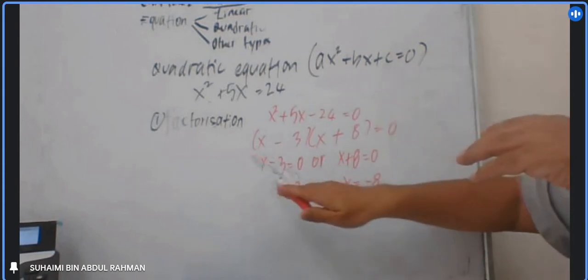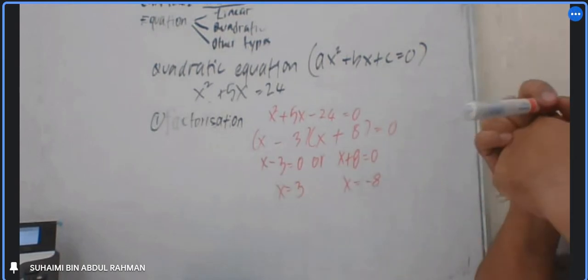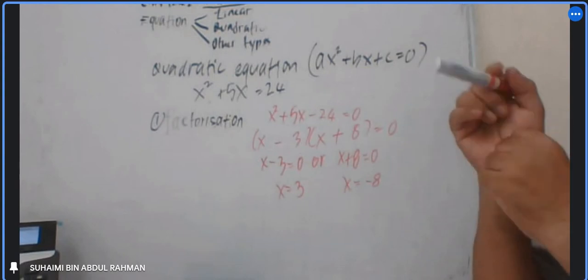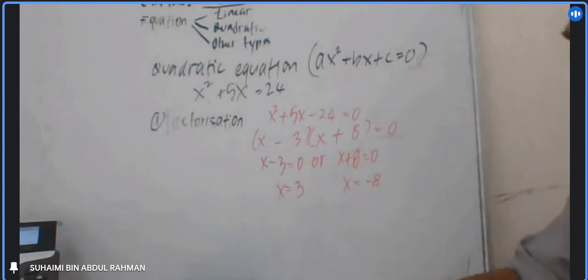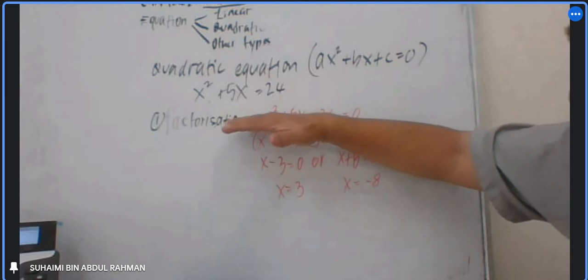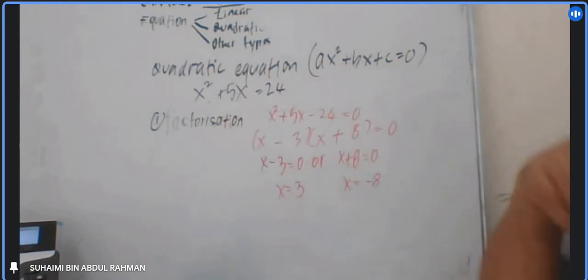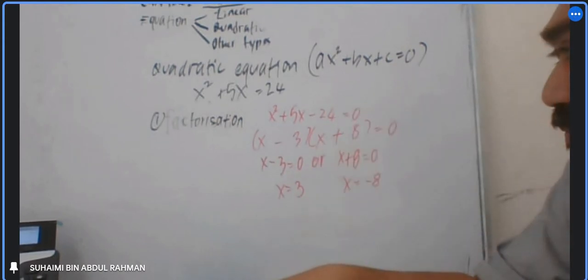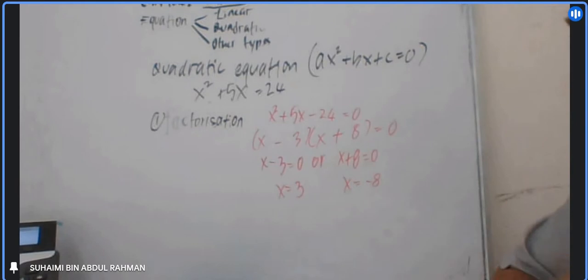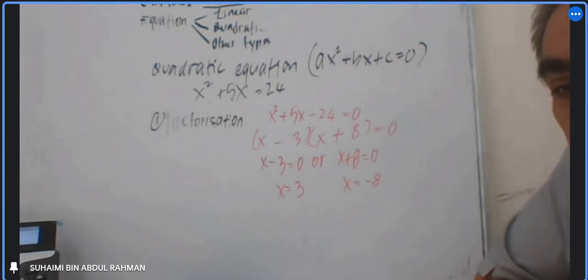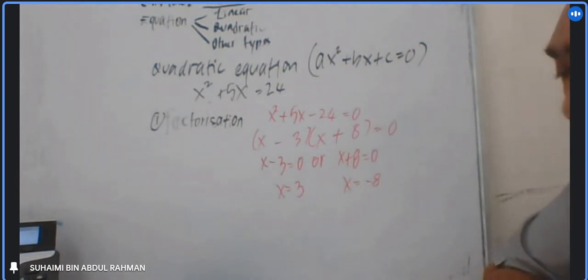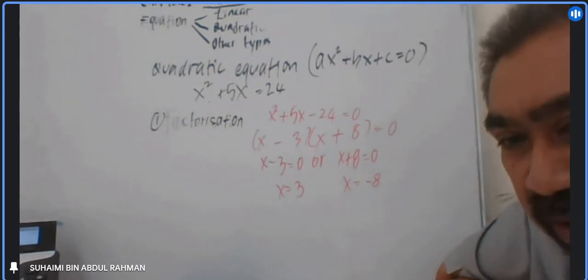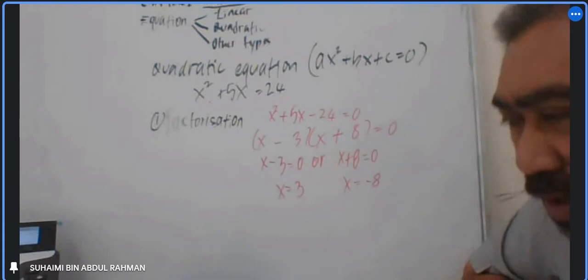You can ask, and then I will show you again how to get from first to second, second to third, etc. You can interrupt and ask. And that's the first method using factorizations.